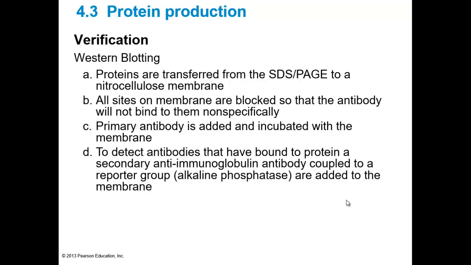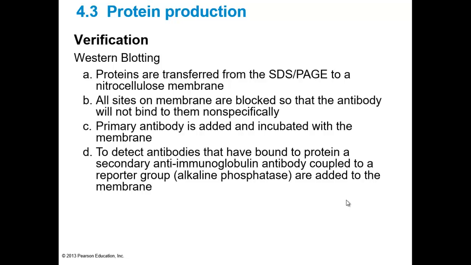And then you have what's called a detection antibody. It is a secondary antibody coupled to a reporter group. Okay, the secondary antibody is specific for other antibodies.